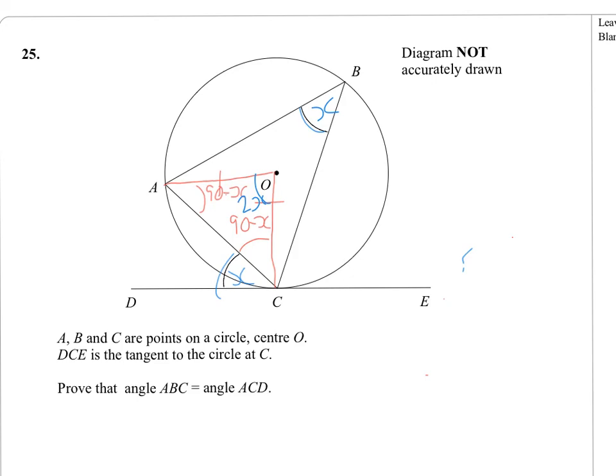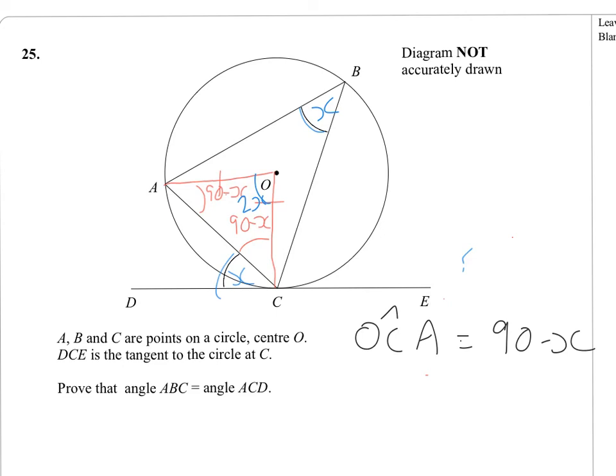So I must make sure that I get all 3 marks. Where do I get my 3 marks? You'll get one of them for basically saying that OCA is 90 take away x.